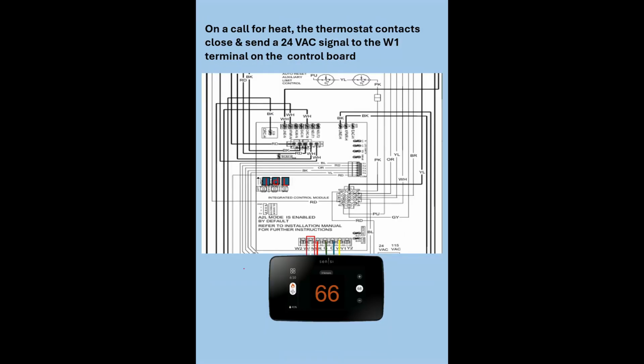On a call for heat, the thermostat contacts close and send a 24-volt AC signal to the W1 terminal on the control board. The control board microcomputer begins its self-check routine.